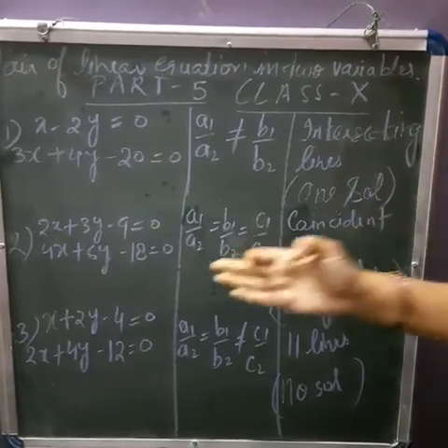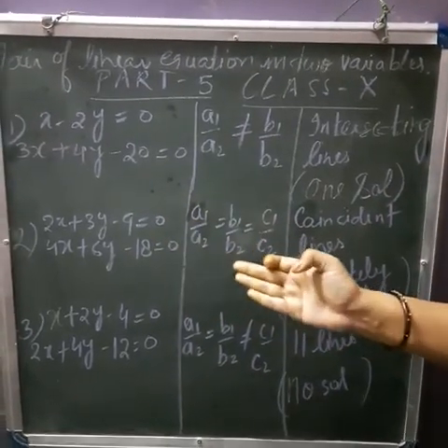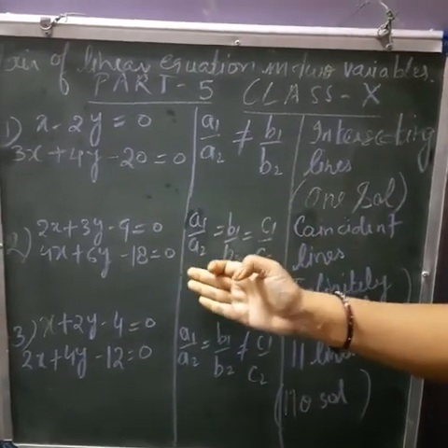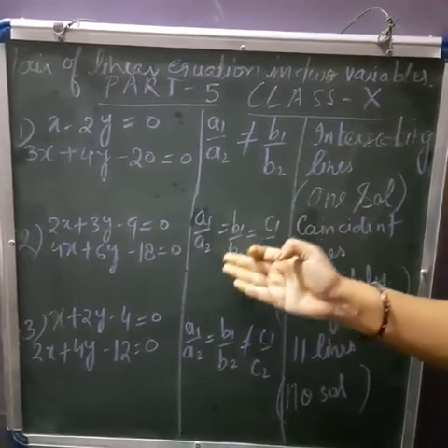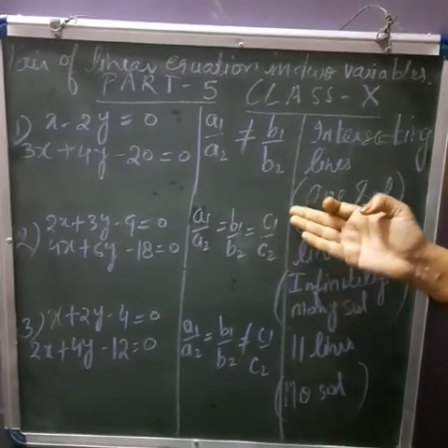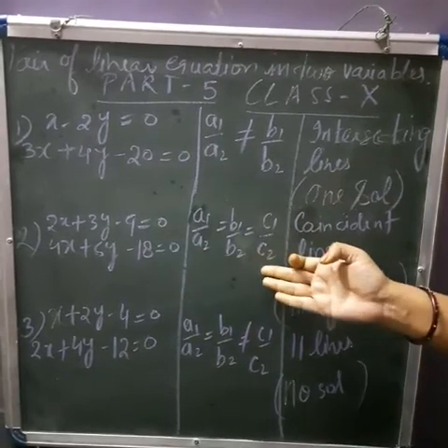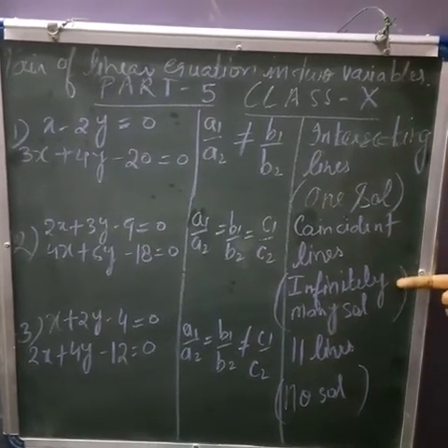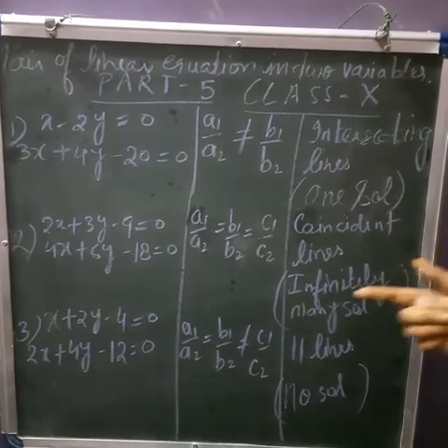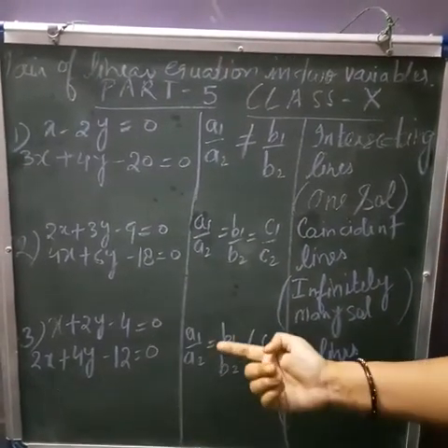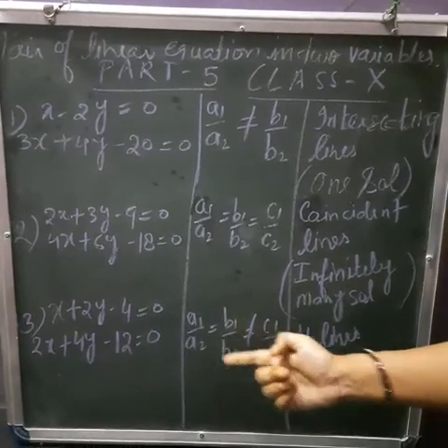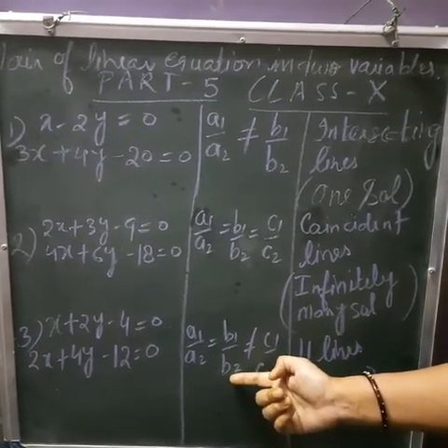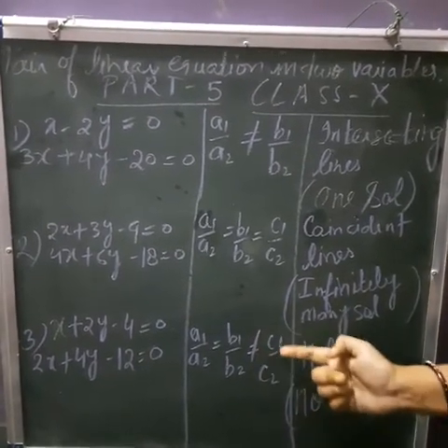If all the ratios are equal, a1 upon a2 is equal to b1 upon b2 is equal to c1 upon c2, then these are coincident lines, and here we have infinitely many solutions. And in type 3, a1 upon a2 is equal to b1 upon b2 but not equal to c1 upon c2.